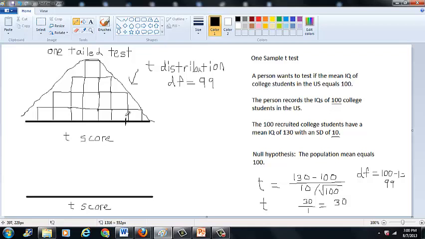It's the t-score at which 5% of the possible samples will have t-scores either at this point or above it, with higher t-scores up here. So this area is 5%.